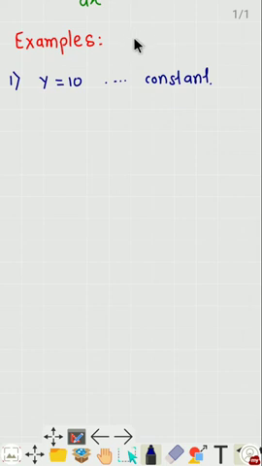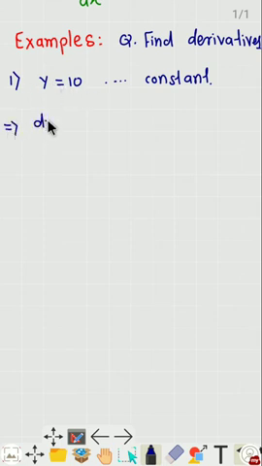Our question is to find the derivative of this function. So its derivative dy by dx is equal to 0 because the function is constant, and as we have seen above, the derivative of a constant function is always equal to 0. Therefore the derivative of the function y equal to 10 is 0.